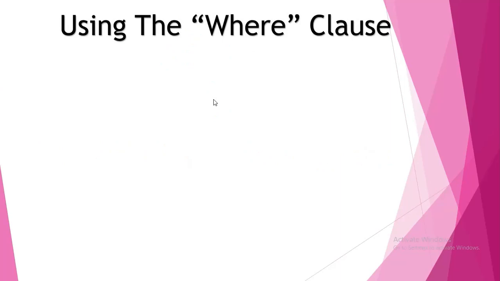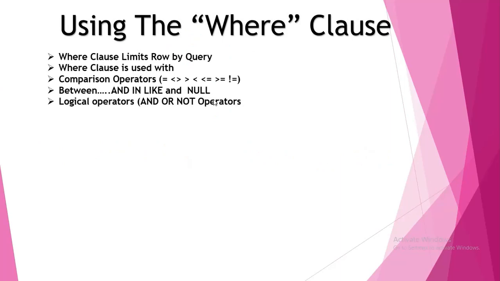Using the WHERE clause. The WHERE clause limits the rows returned by a query, and it is used with comparison operators like equal to, less than, greater than, less than or equal to, greater than or equal to, and not equal to; BETWEEN, IN, LIKE, and NULL operators; and it also works with logical operators like AND, OR, NOT.